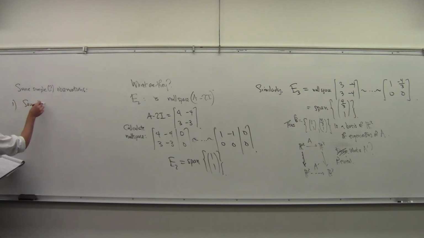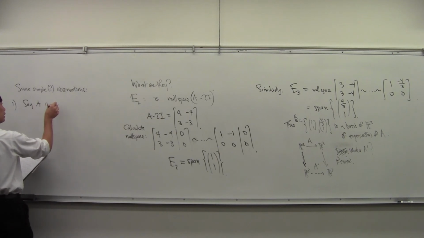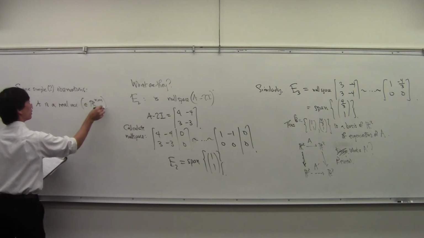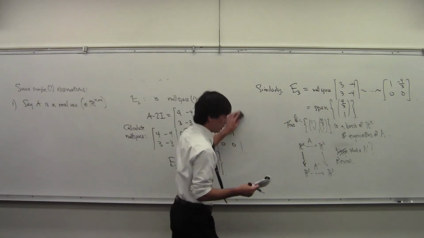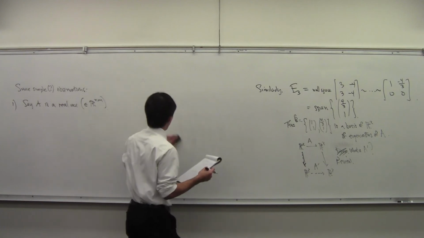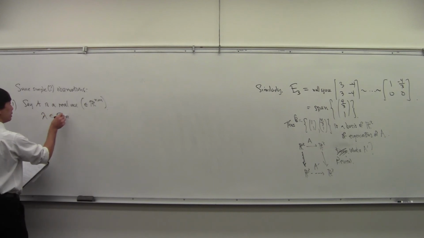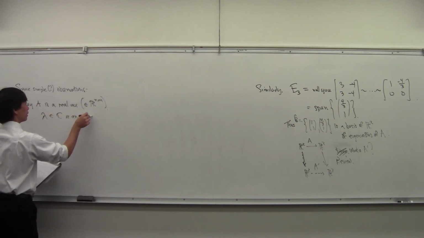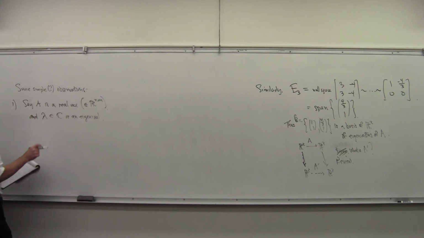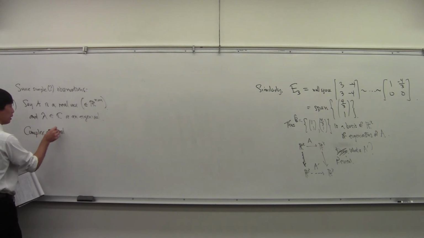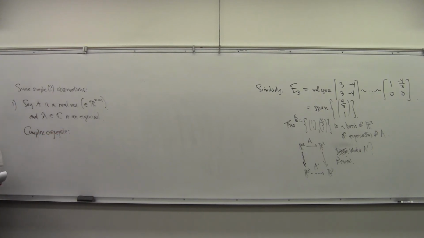Say A is a real matrix, in R n cross n, and lambda, a complex number, is an eigenvalue. I don't know how many of you have heard of the complex conjugate. Anybody heard of it?